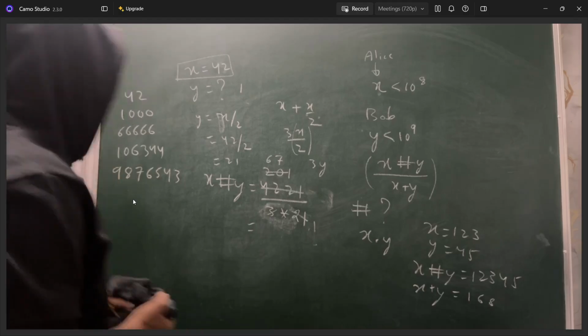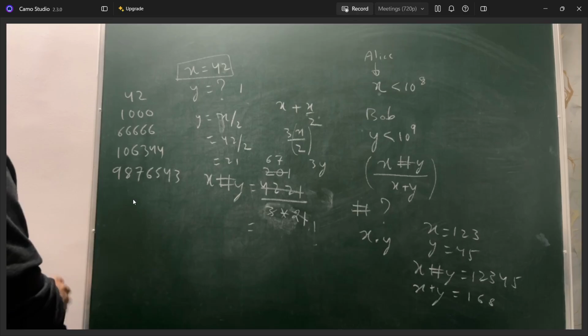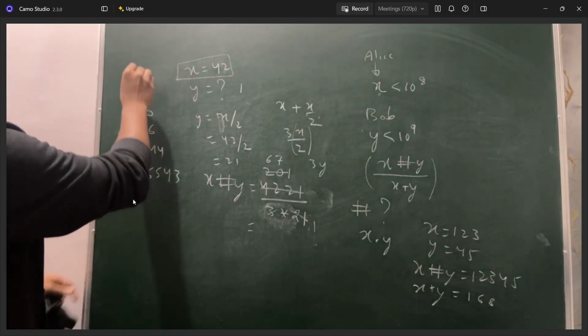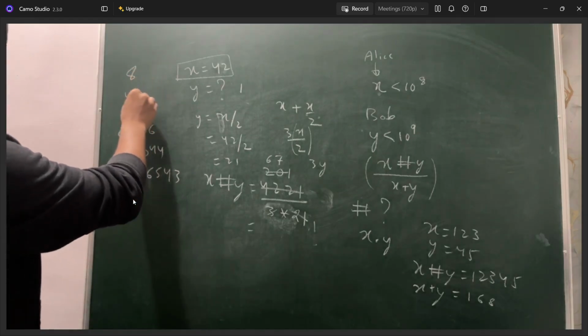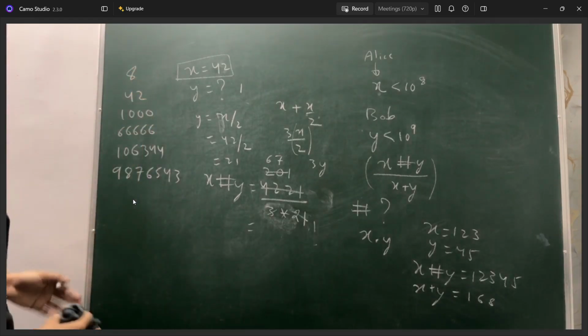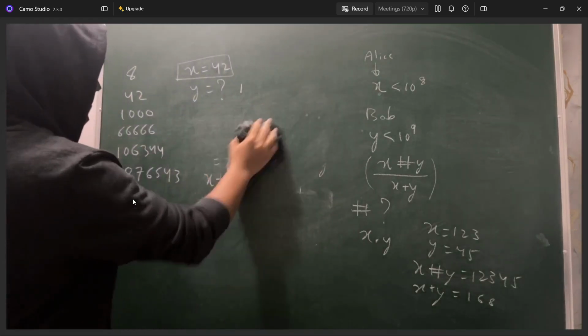I need to just prove how it is always x by 2, but for 2 examples I've taken care of, wherein in one of the problems it was x and in the other it was 42. So let's try to prove how this is always possible.